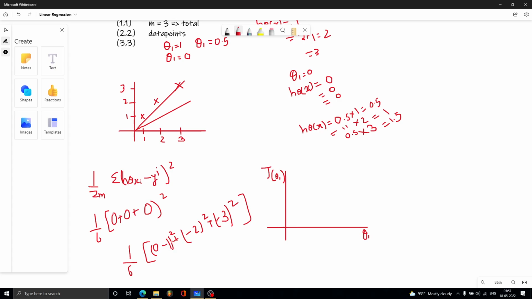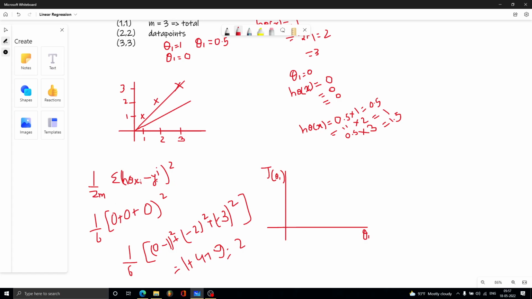After calculating this, we get something like 1 plus 4 plus 9, which is 14, and then we will get something somewhere around 2. Similarly we will get all these other values also, like this will be somewhere around 3.5 or something like that. You can calculate these values.